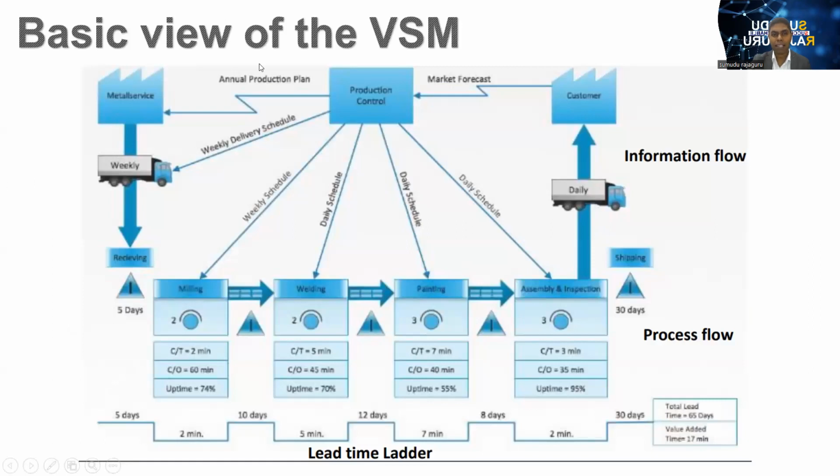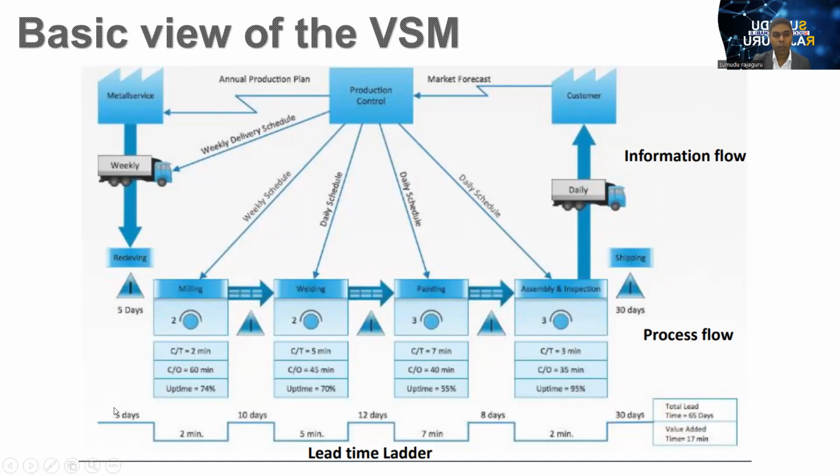Now you can see a picture of the value stream map. I'll just explain: customer here, then the production control unit in our organization, here the supplier, then how the material flow happens from supplier to the customers. This area is our process flow. Under every process step, there is what is called a data box.